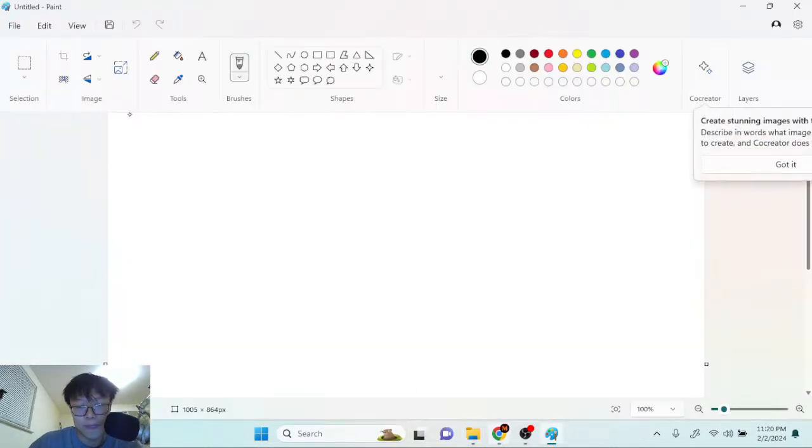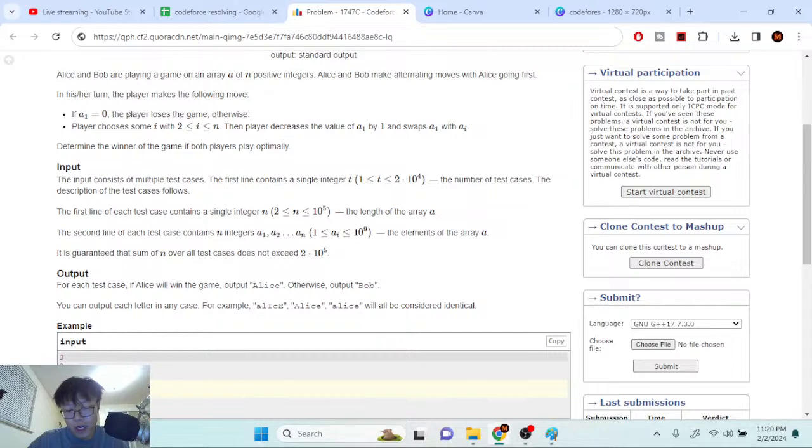So if we decrease the value A1 by 1 and then swap A1 with any value in the array, then if we keep decreasing the value by 1, either way, we determine the winner of the game, with both players playing optimally.